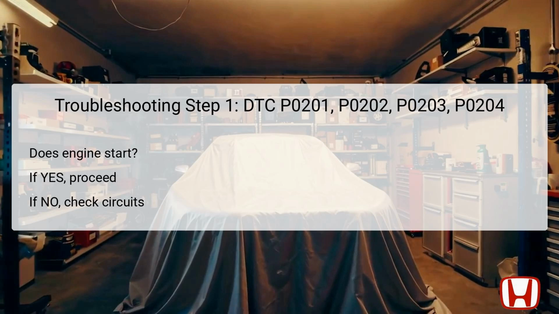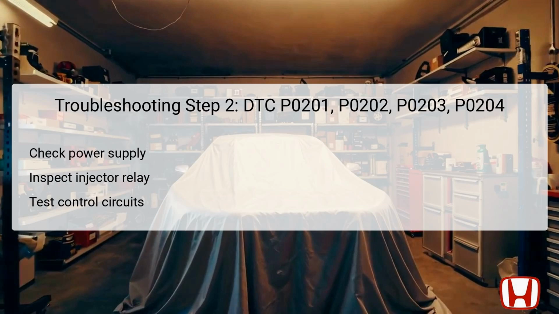Conversely, if the engine fails to start, this indicates a more severe issue, likely related to power supply systems or the PCM itself. In cases where the engine will not start, mechanics should focus on checking relevant circuits for continuity and functionality.